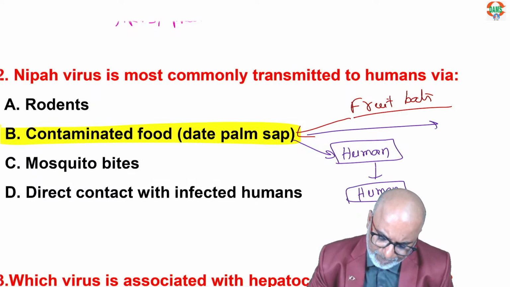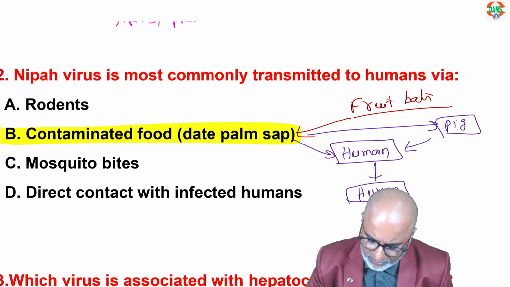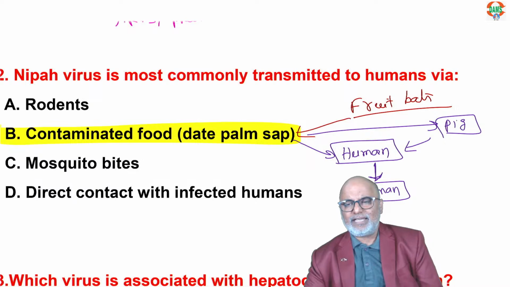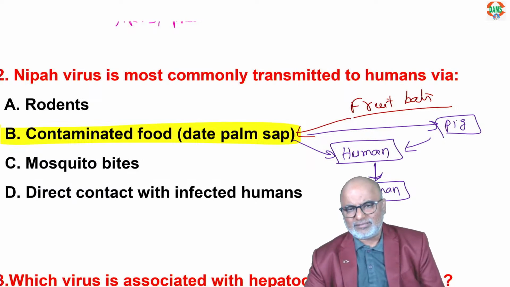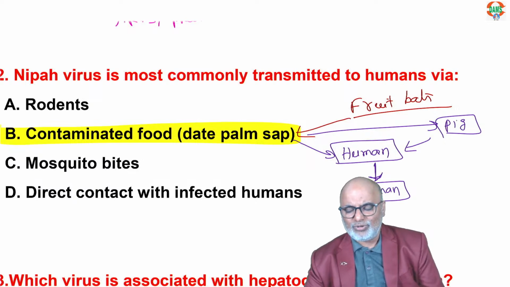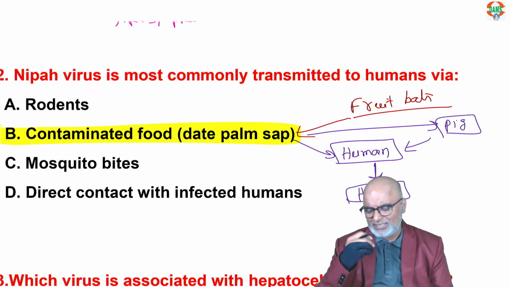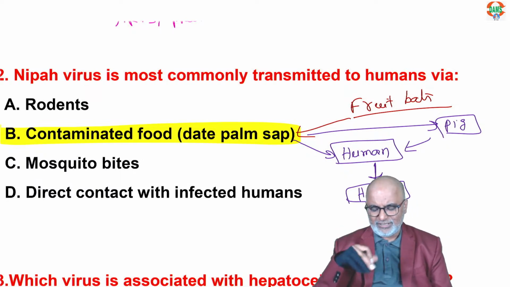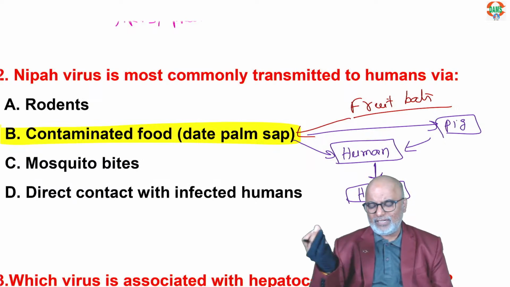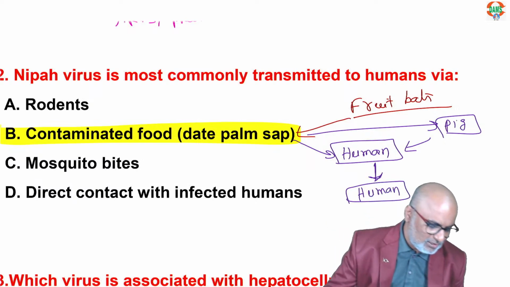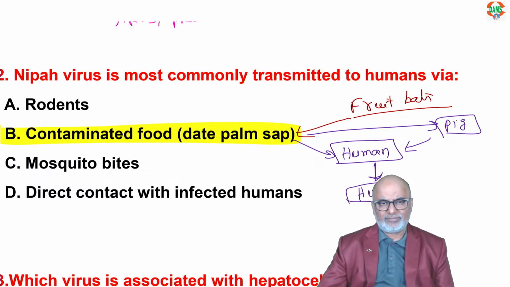Sometimes it is taken up by pigs or similar animals, then pig to human, human to human. So it can spread either from the pig or the bat; the ideal source is bats. The fruit bat eats the palm dates. When man eats those dates, they develop the disease. After that, man to man by inhalation and many other routes.